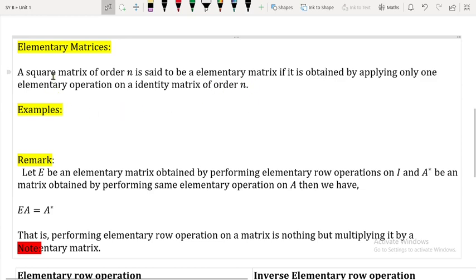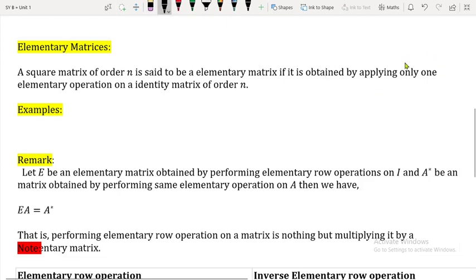Note one thing, a square matrix of order n is said to be an elementary matrix if it is obtained by applying what? Only one. I will underline this: only one elementary operation on an identity matrix of order n. Now we have already learned elementary row operations.